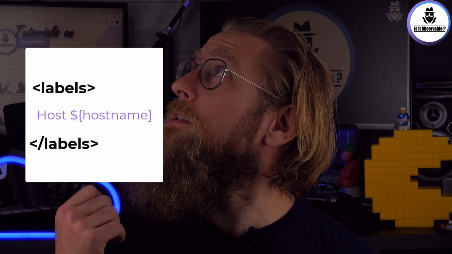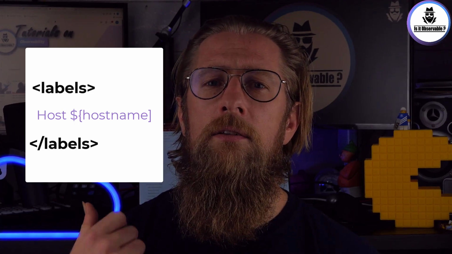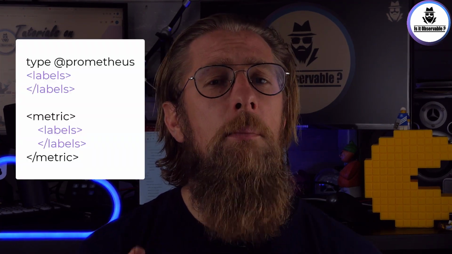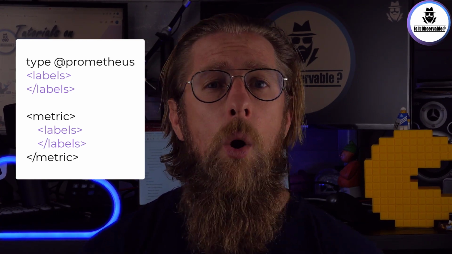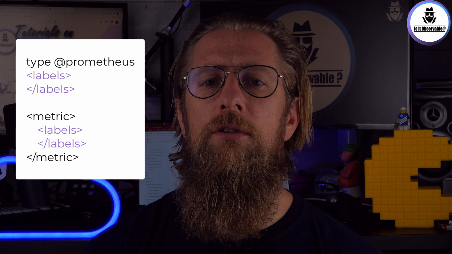For example, here we have host, that will be the name of our label, and the variable hostname will be one of the keys from our logstream pipelines. You can also take advantage of a few variables that Fluentd naturally exposes as well. The label object can be positioned either in the metric object or outside of it, close to the Prometheus plugin.